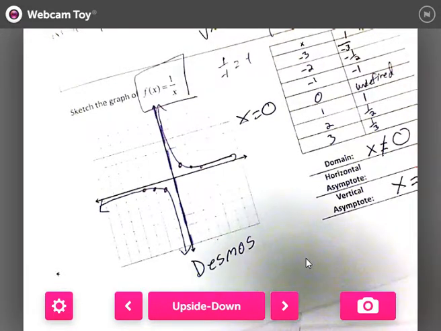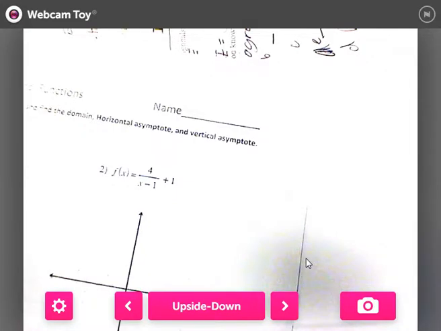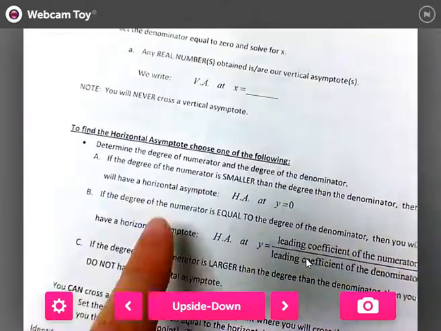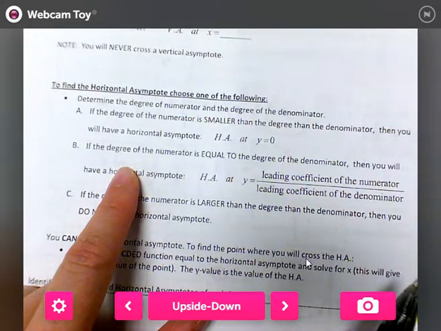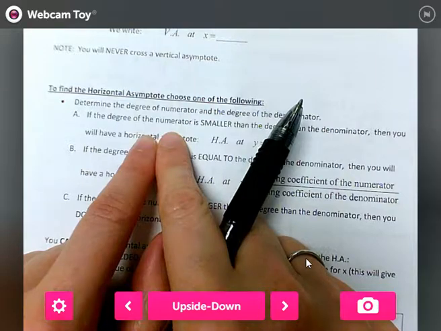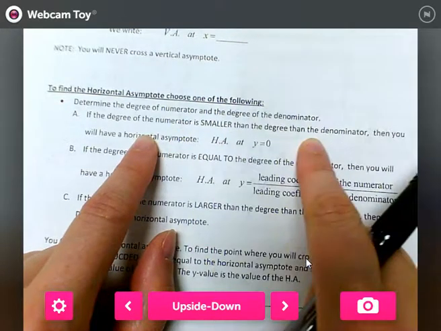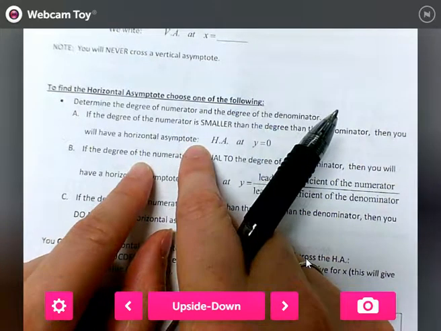Okay. All right, let's go to horizontal asymptote because that's on the next page as well. Horizontal asymptote. Okay. So let's look because there's a lot of stuff here. So let's break this down. If the degree of the numerator is smaller than the degree of the denominator, then you will have a horizontal asymptote.